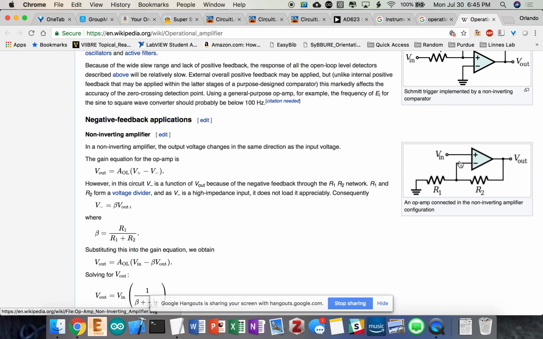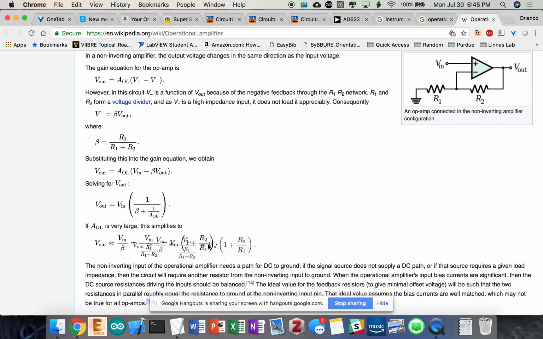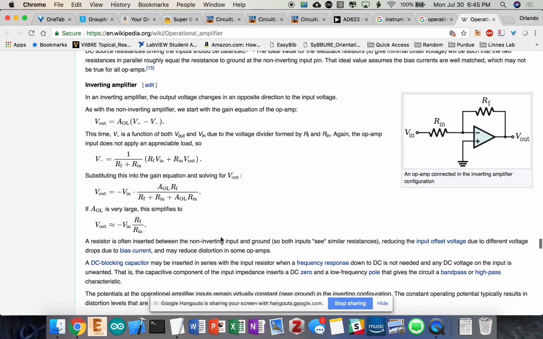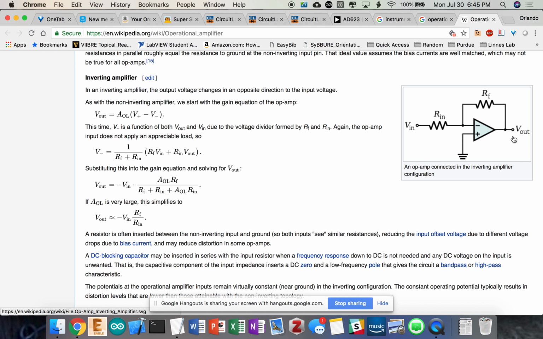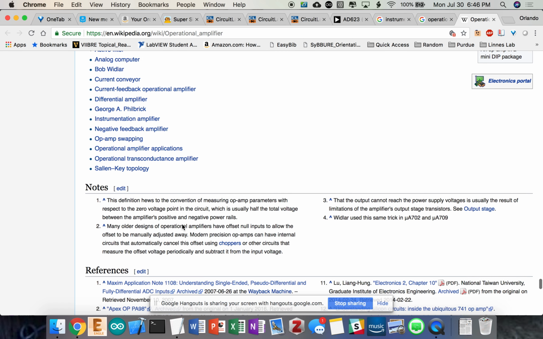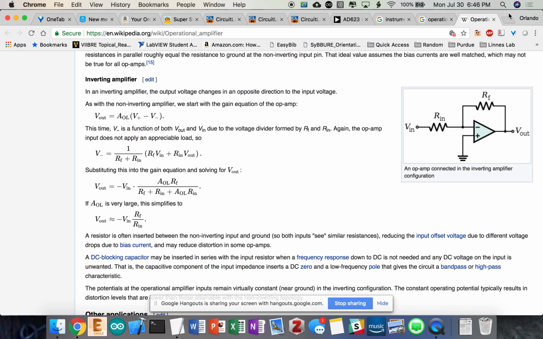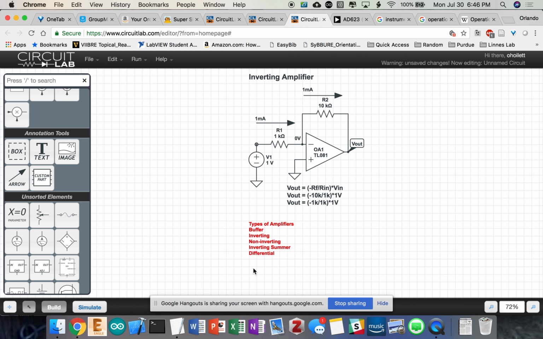So non-inverting is oriented like this, and the equation is here. Then it has the inverting amplifier, the one we just did, and the equation is this. I thought it had more, like the inverting summer and some of the others I listed, but I guess it only has those two.